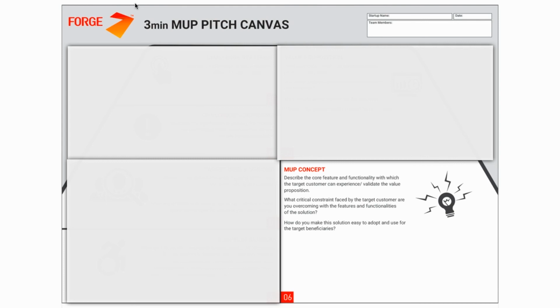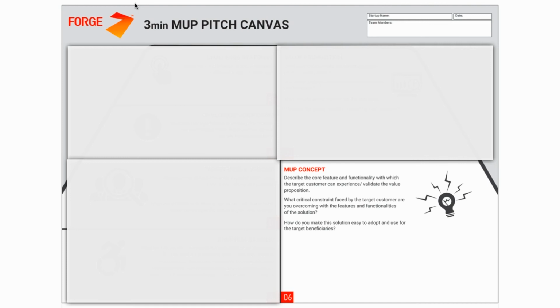MUP concept should basically describe the core features and functionalities with which the target customer can experience but validate the value that we claim that we offer him through the solution by solving this problem. Any feature or functionality which is not relevant or important for the customer to measure value is irrelevant at this stage.